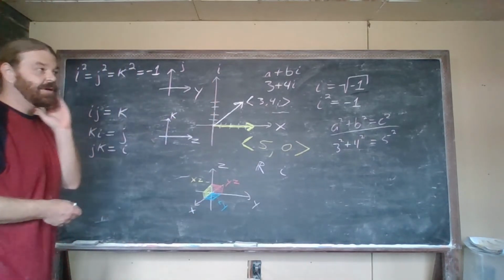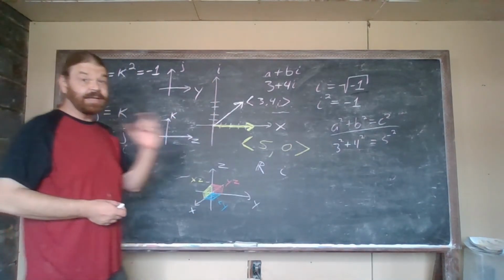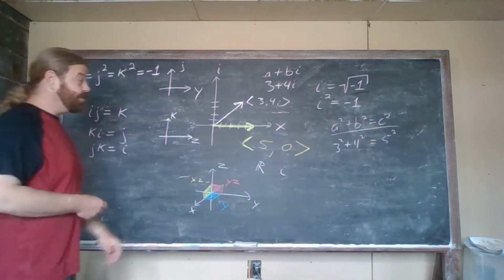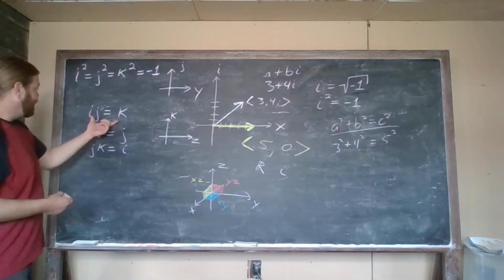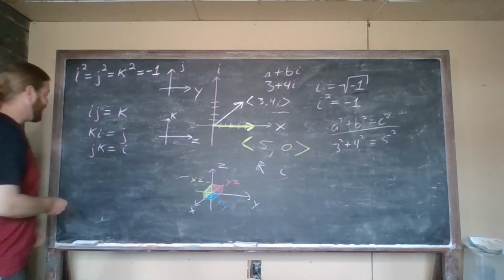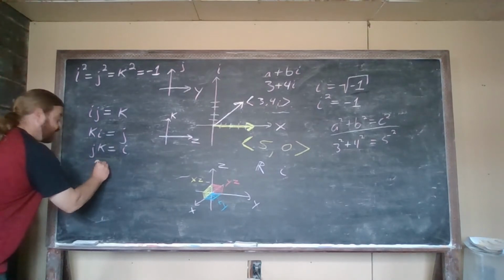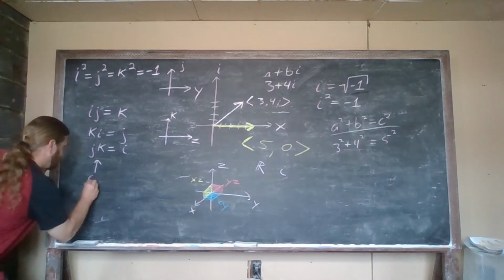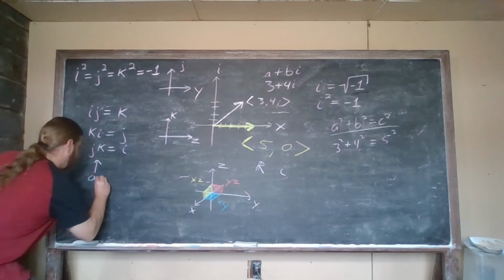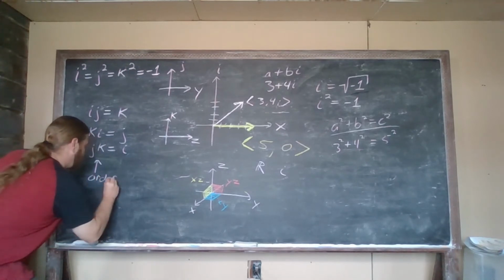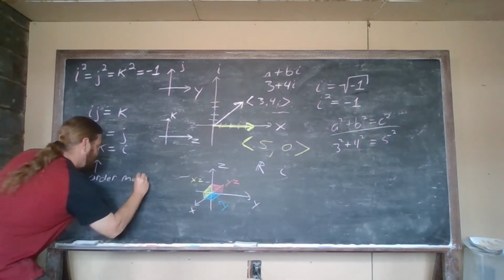I'll just use that word because that's what most people use in the intermediate algebra class, so that's the word you're probably familiar with. So we have that, but the thing is, order matters. This is where we get the uniqueness from.